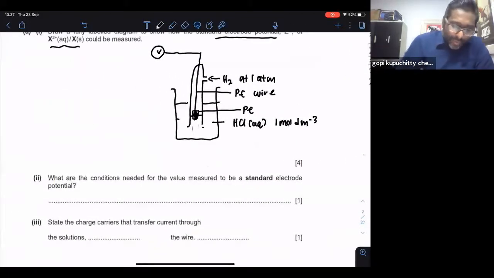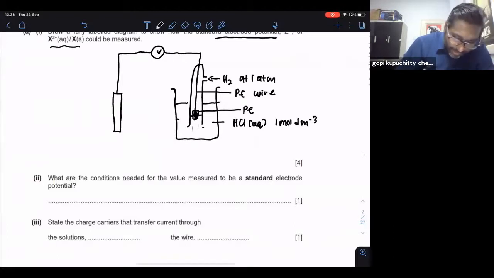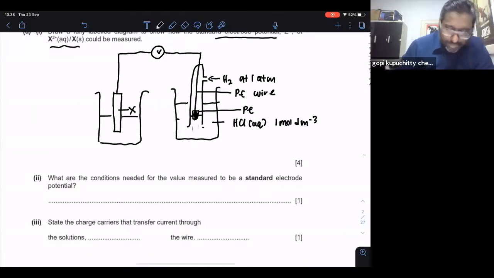So now we are going to find out between the X and X2+. The electrode over here is going to be the X electrode. And then we are going to have the beaker and the solution. The solution is going to contain X2+ ions, aqueous at 1 mole per dm cube.